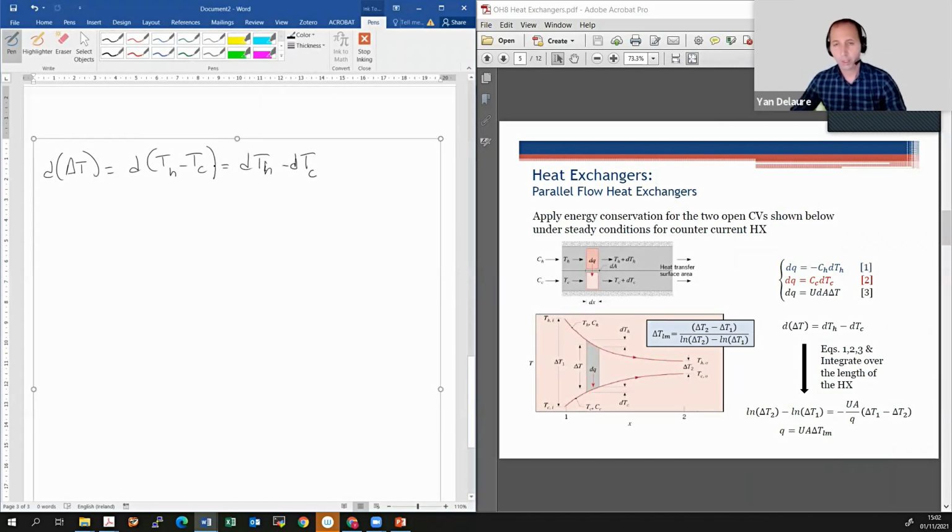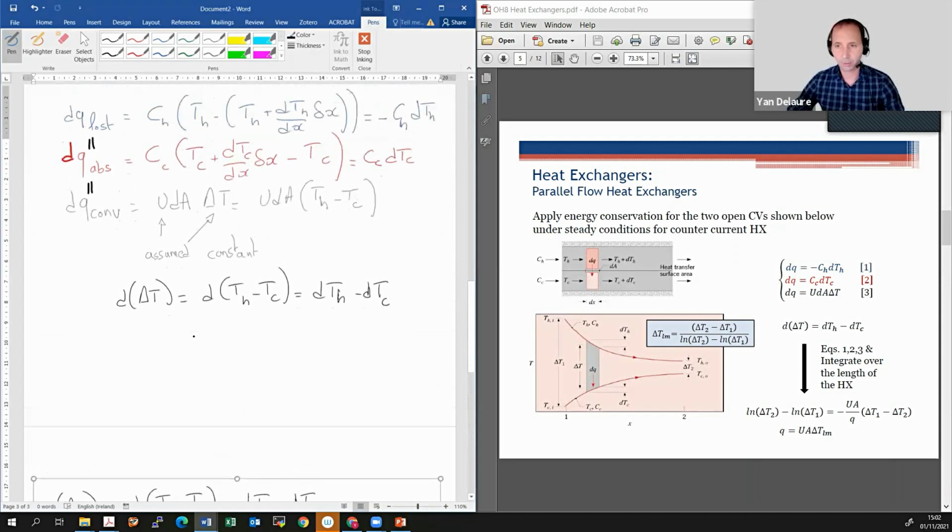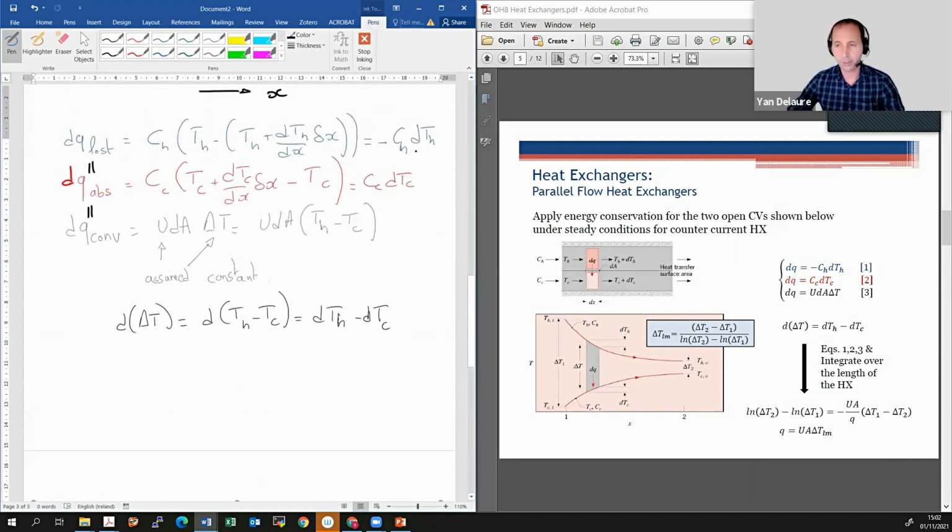On the right-hand side, we know what dT_H is. It's dQ. And the one thing perhaps to have written here, which I didn't at the time, is to call simply these three Qs the same. What's happening there?